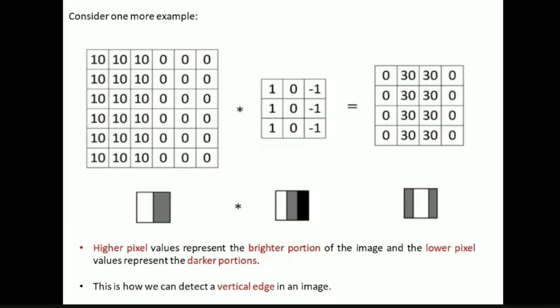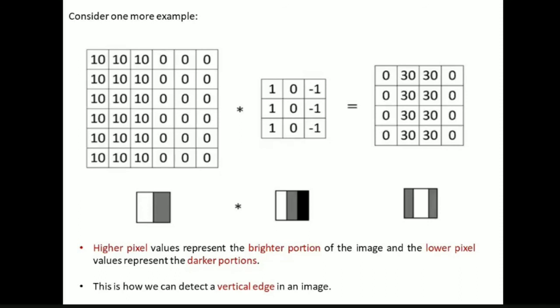What is the main factor basing upon which one will get whether we have a horizontal edge or vertical edge? Pixel values. The input image, what are we convolving it with? Filter. Okay, so basing upon the filter values only, by changing the values in the filter matrix we will get either the horizontal edges or vertical edges.